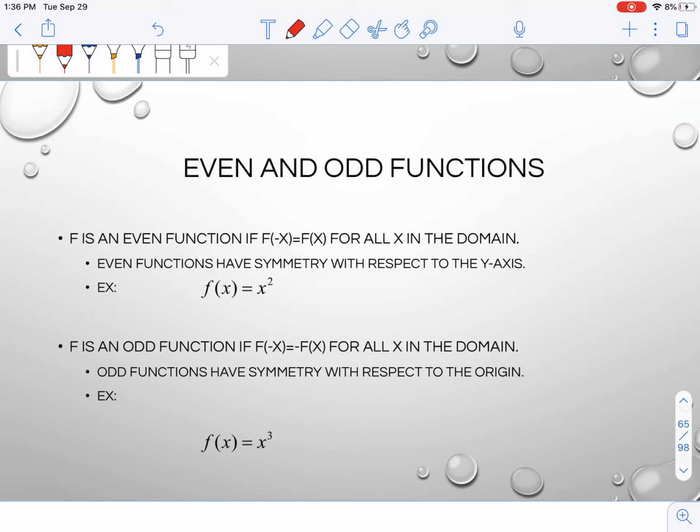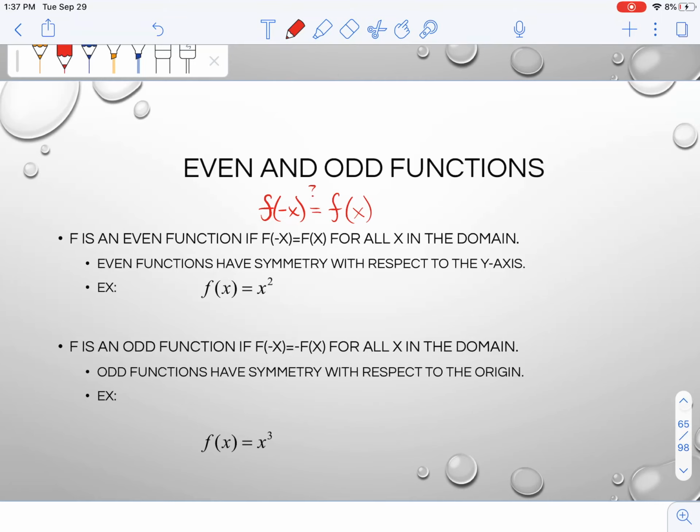Right? So an even function is one that has symmetry with respect to the y-axis. Our test for an even function is we're going to evaluate f of negative x, and we're going to ask ourselves, do we get the original f of x in return? Probably looks really familiar, because before we replaced x with negative x, and we looked to see if we got the same equation back for y-axis symmetry.